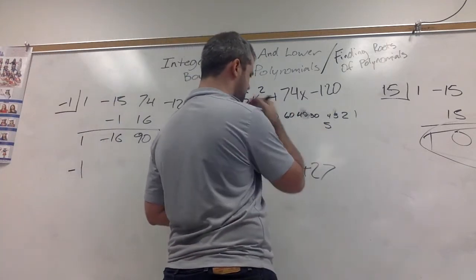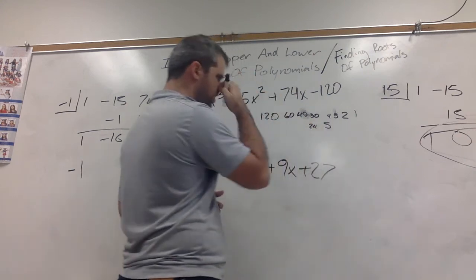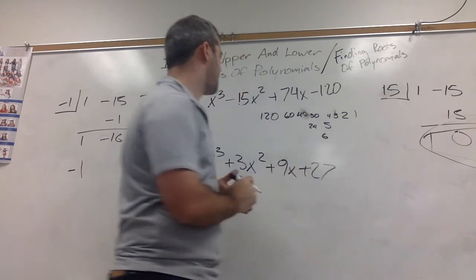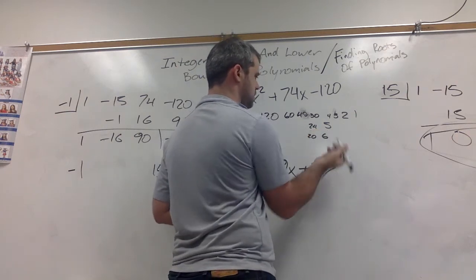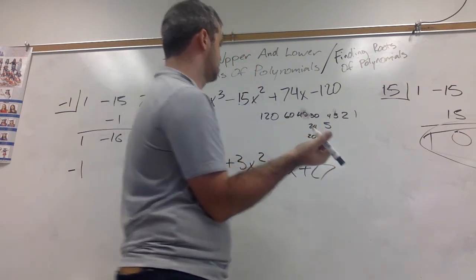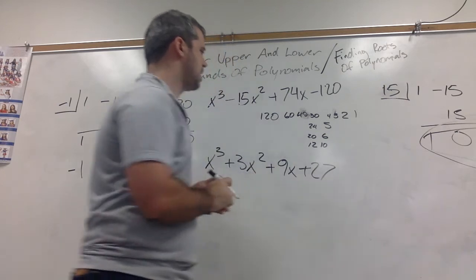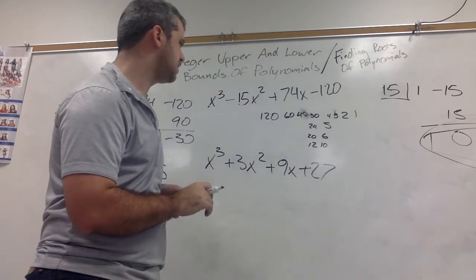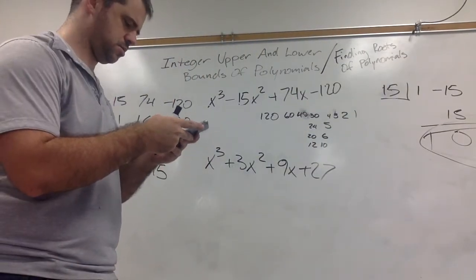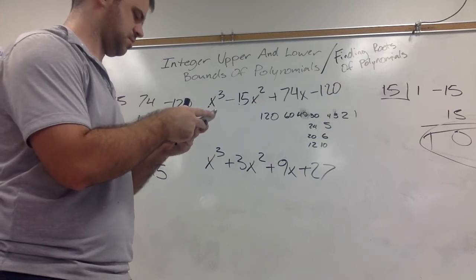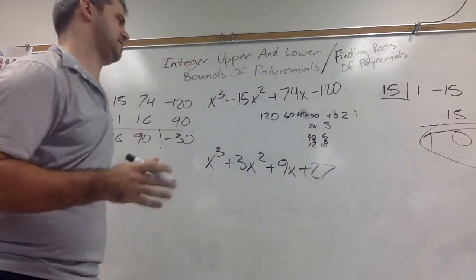Okay, 5 and I guess that would be 24. 6 and 20. 10 and 12. I'm missing a 15 here, aren't I? 120 divided by 15. All right, yeah, 8 and 15. And that's it, okay?